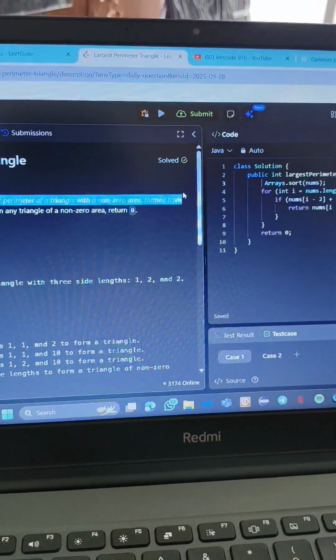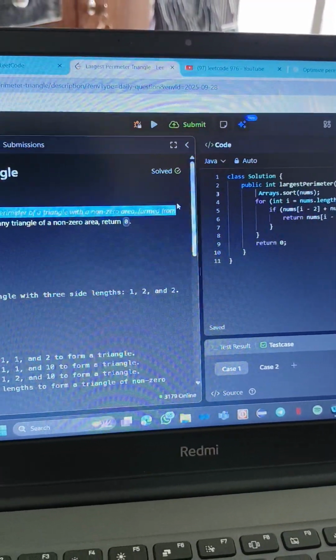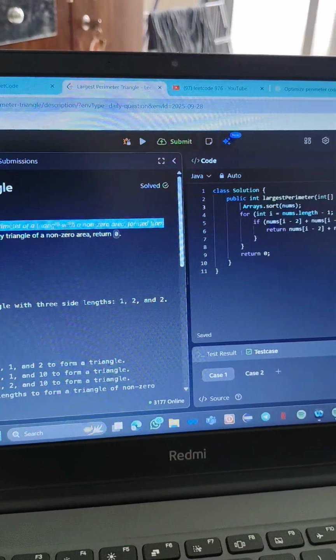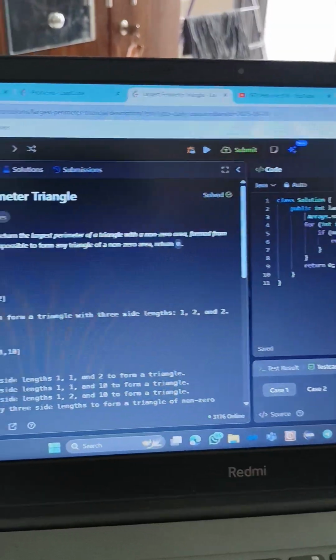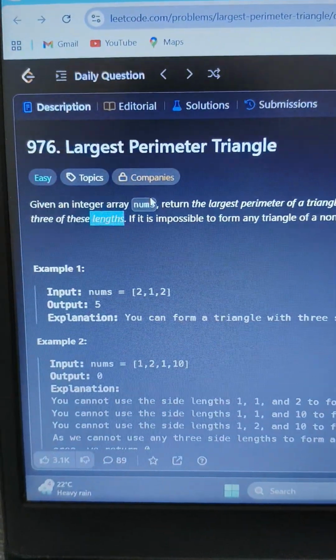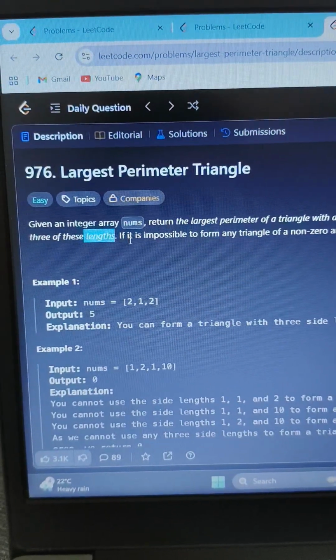Non-zero area means the triangle must be valid, formed from three sides of the given lengths. Three sides means you have to choose any three sides from nums, form a triangle, and find the perimeter.